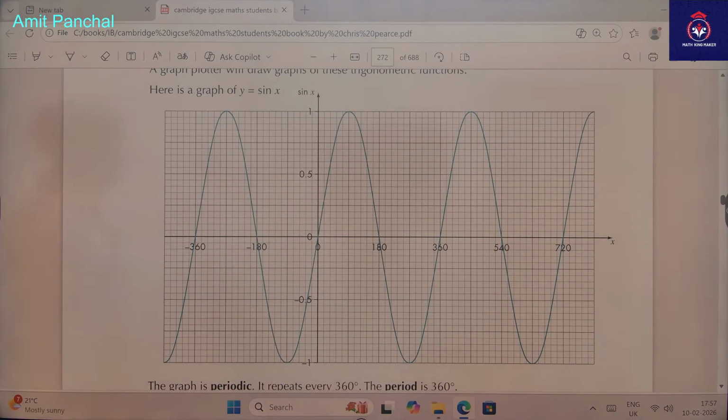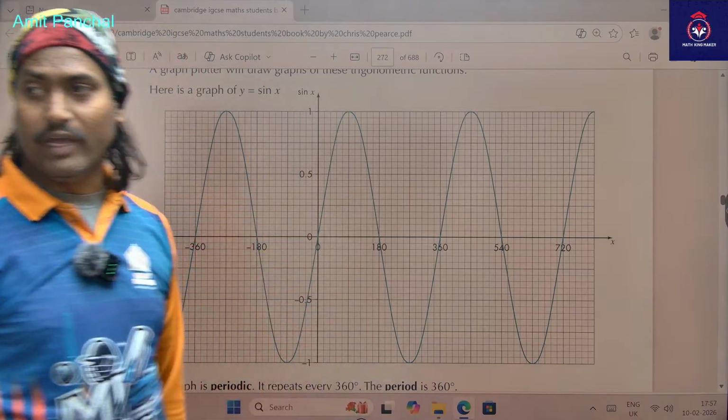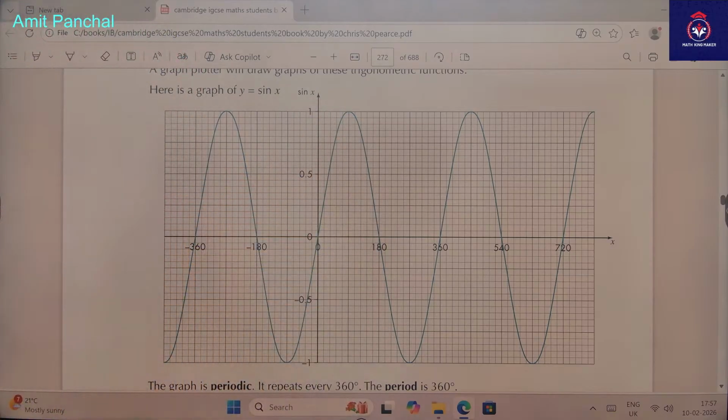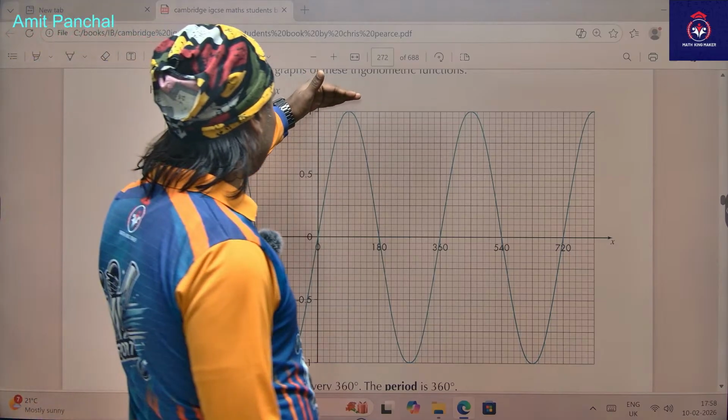It is an oscillatory graph. You know the non-calculator values of sine, like sin 30 is 1/2. So the sine function is toggling between -1 and 1.